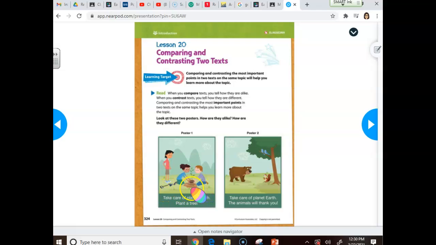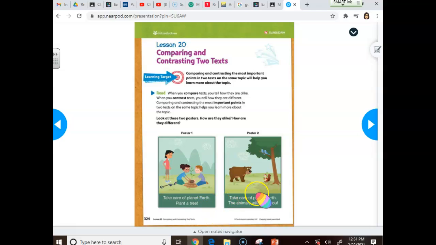We see some kids planting what? Yes, it looks like they're planting a tree. This kid's been helping. He has his shovel. Let's read what the poster says. Take care of planet Earth. Plant a tree.